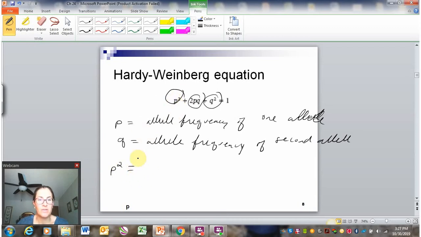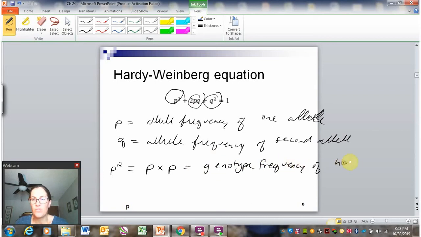Let me remind you that P squared is equal to P times P. And when I calculate that, it's the genotype frequency of the homozygous for P. For example, if I had P represent a dominant A allele, then it would be the genotype frequency of the big A individual. 2PQ, which is 2 times P times Q, because those are allele frequencies, so remember we could fill in numbers there.